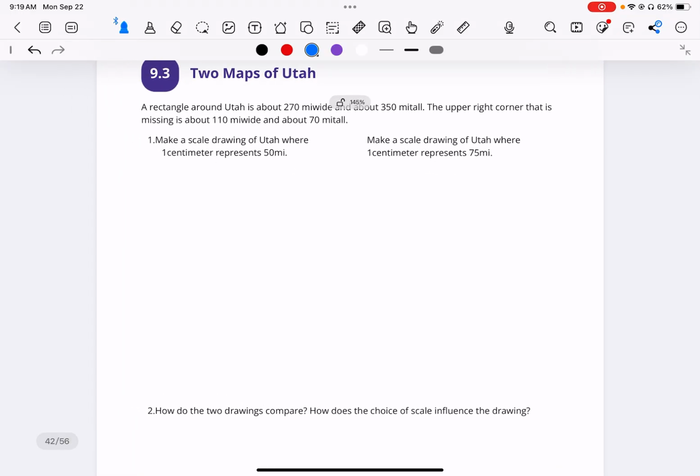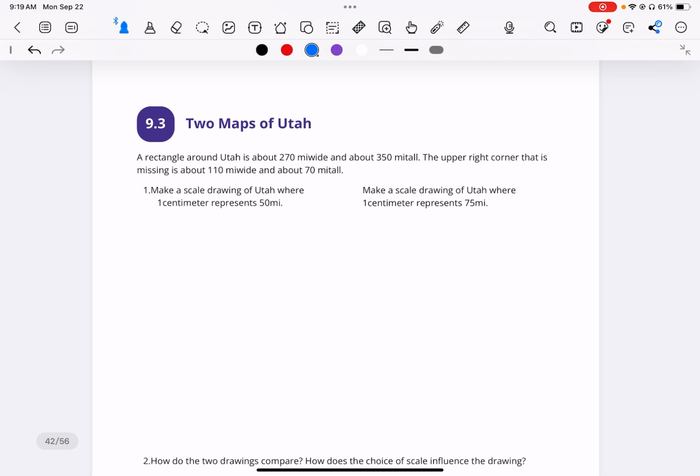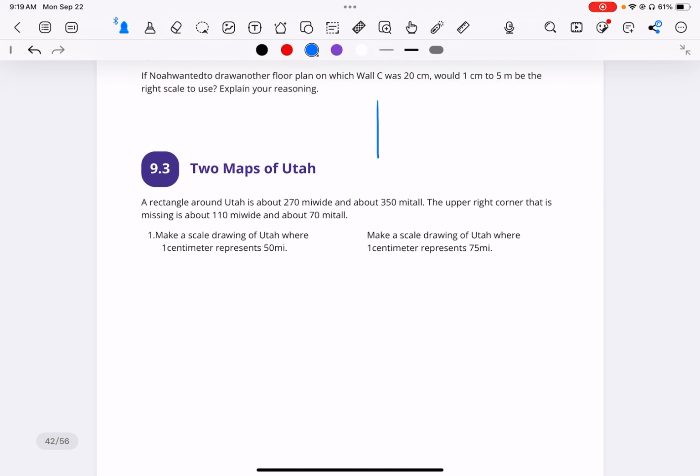So a rectangle around Utah is about 270 miles wide and 350 miles tall. The upper right corner that is missing is about 110 miles wide and 70 miles tall. So here, this is what Utah would look like. We're going to draw it up here.